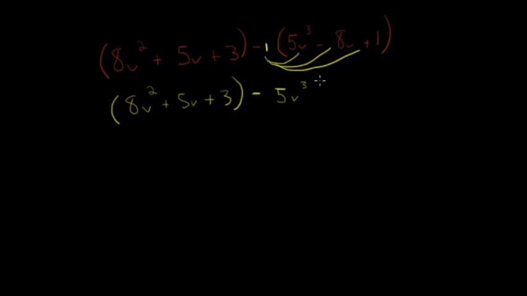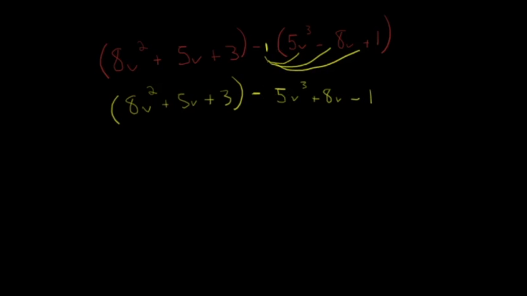I forgot to say the cubed earlier. Then -1 times -8v, a negative times a negative is a positive, so this would be plus 8v, and -1 times +1 is just -1. Now we've simplified this a little bit. We've distributed the -1, and now we can just combine like terms.